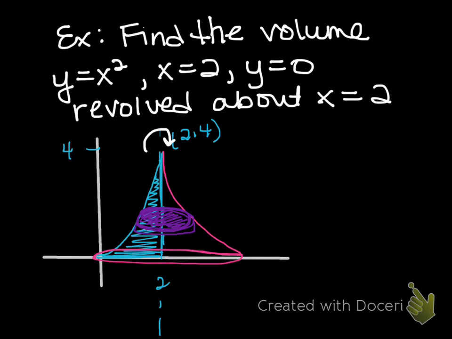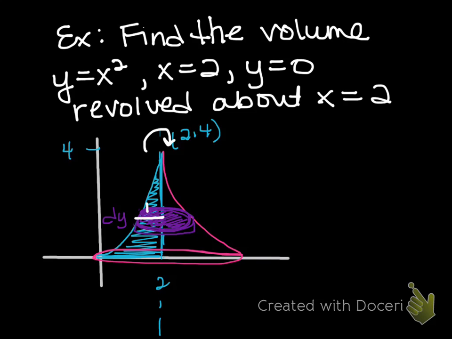Okay, now when I look to see how thick each cross section is, that is being measured along the y values. So from top to bottom, that is a dy for the height of our cylinder, or disc. We also need to know what the radius is. So remember, we can measure the radius from center to the outside.